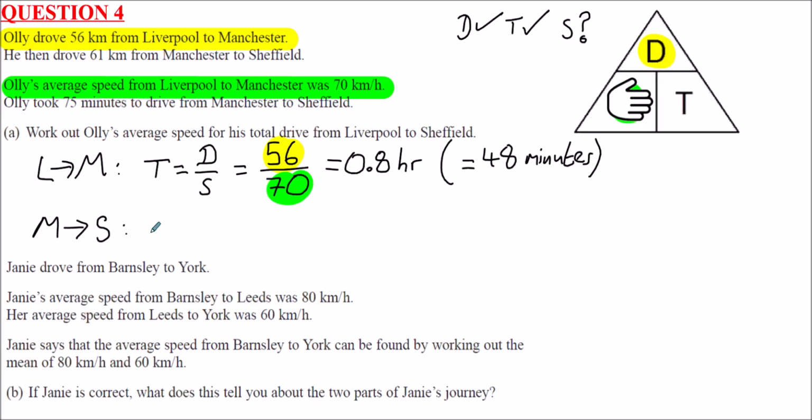So for this bit now, the speed is the distance divided by the time. The distance as we go from Manchester to Sheffield is 61 kilometres, and the time takes 75 minutes.